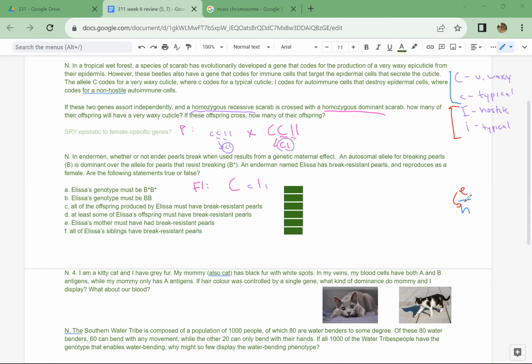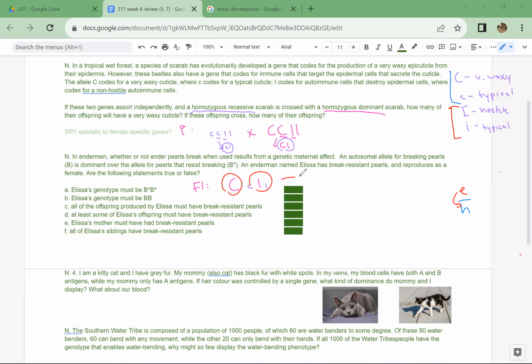And so we are matching a phenotype to the genotypes. We have the genetic capability to produce our special cuticle, but the epistatic gene demands that no such cuticle is produced, because we destroy the cells that produce that cuticle in the first place.